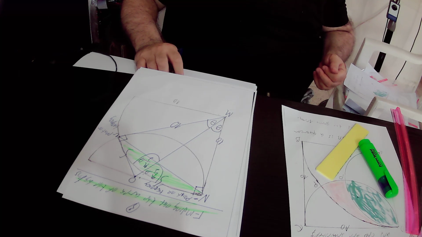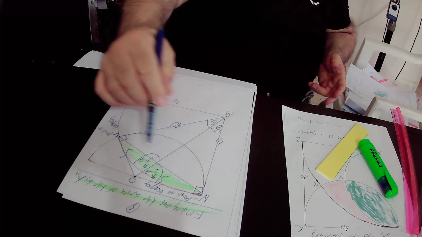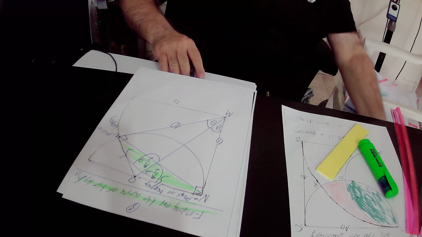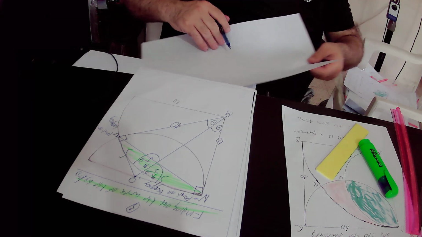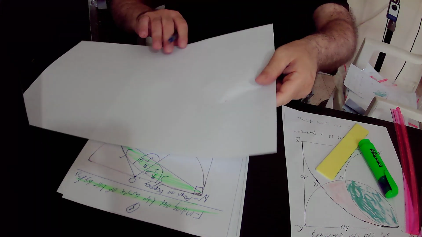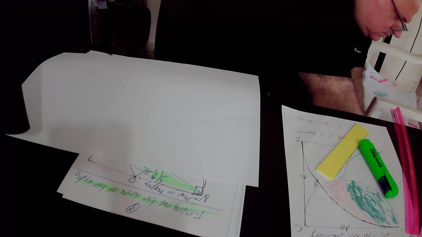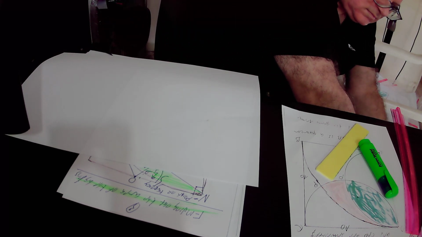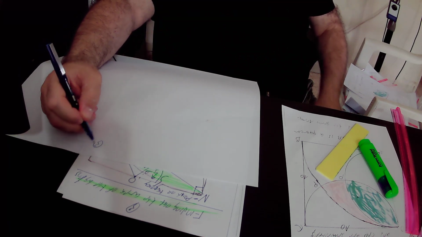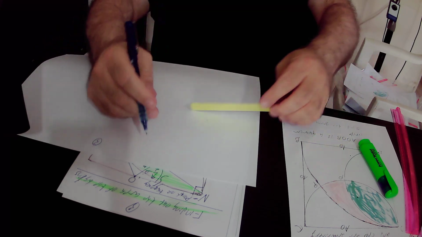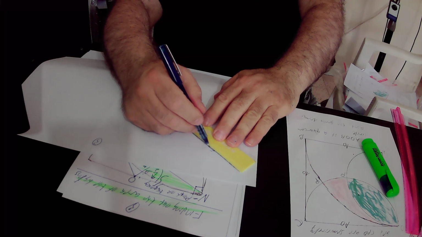So what is the area of the upper circular segment NL of the big lens?